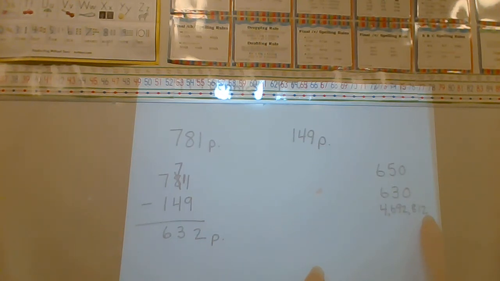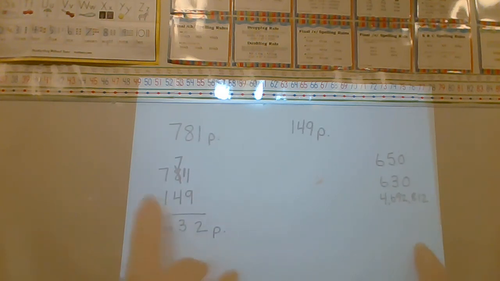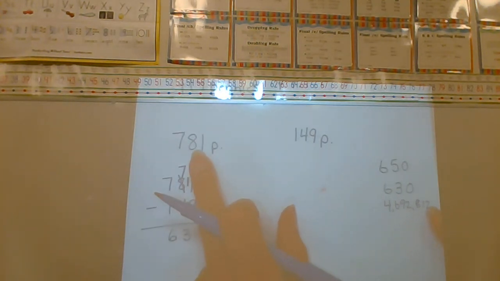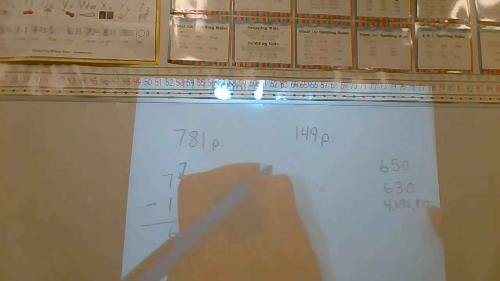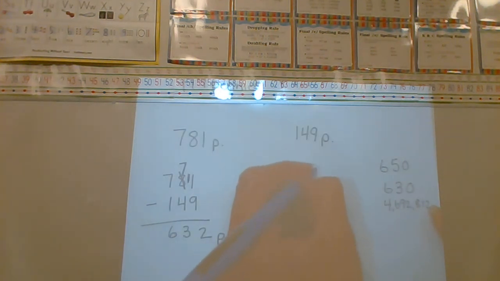Okay, now let's turn this penny problem into dollars and decimals. Let's turn them into dollars. So if we had 781 pennies, how would we write that? That's right, give me your dollar sign: $7.81.